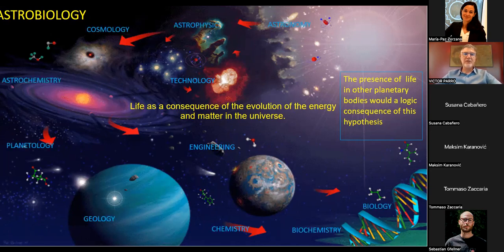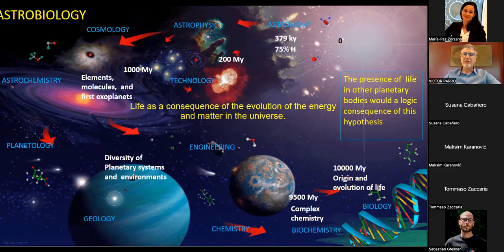So as you can imagine, many disciplines are involved in this big task, to understand the key processes from the Big Bang to the formation of the first galaxies, the first elements, the first molecules, planets, how complex chemistry appears, and at the end how all this complex chemistry organizes and forms life, which is then distributed and spread, in our case, on the Earth.